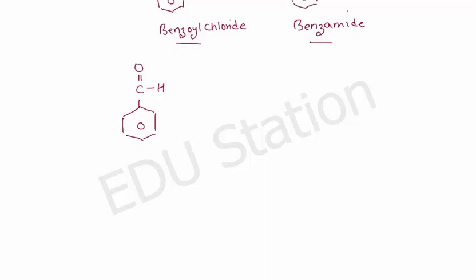For aldehyde we use "al", but we don't have anything called benzylal in chemistry. This is simply called benzaldehyde. So benzaldehyde would be ring CHO.